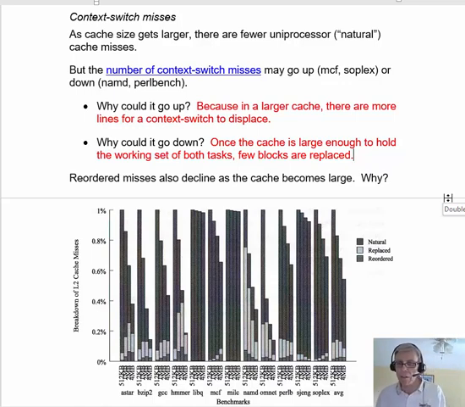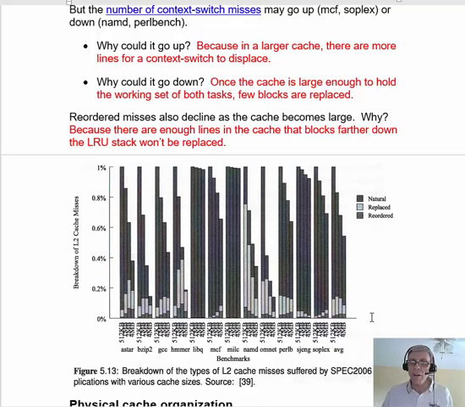So if the cache is larger, there will be enough lines in the cache that blocks farther down the LRU stack don't get replaced. They can stay in the cache. And so you can look at some of the numbers here and see that in some cases, the number of context switch misses goes up with larger cache size, and sometimes it goes down.